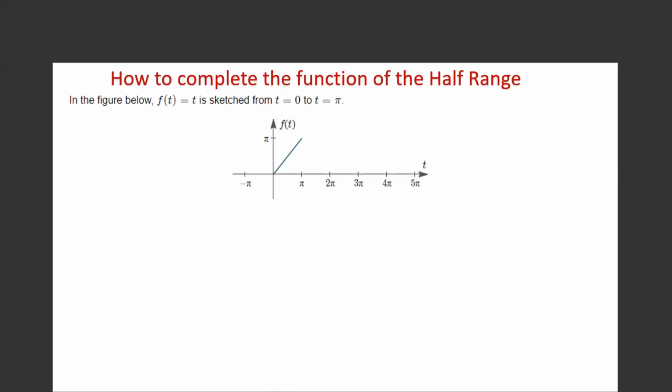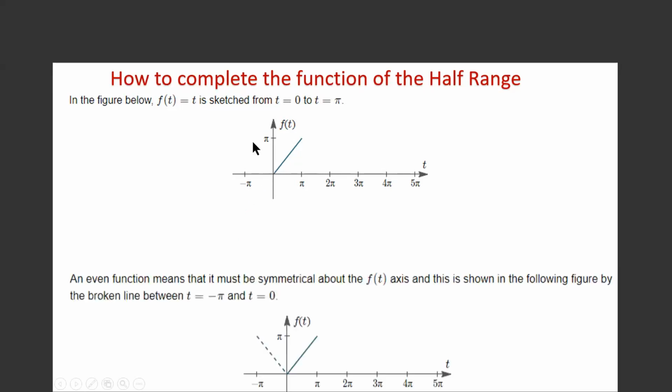If I would like to have a Fourier series which has sine only, which they call Fourier sine, I have to complete the figure in the other half to be odd. So I extend it like this. If I would like to have the cosine Fourier series, I have to extend it like this just to make it even.